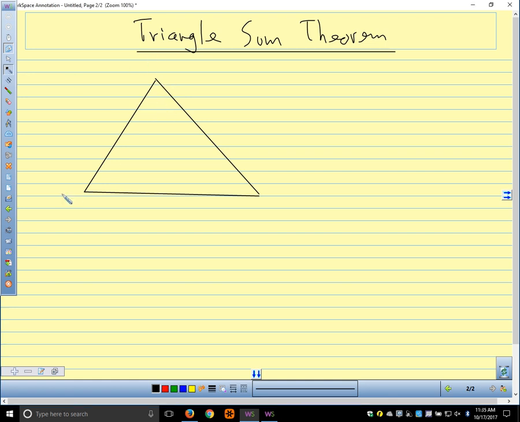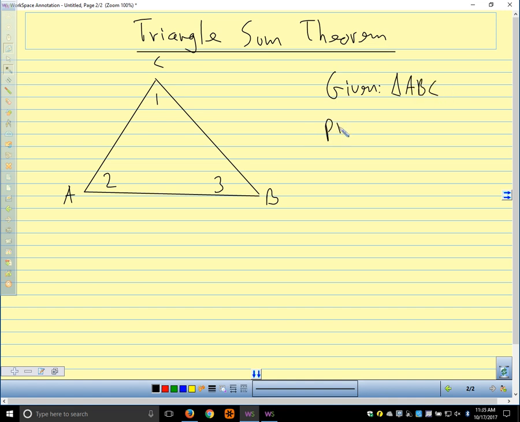And I'm going to call it triangle ABC. And I'm going to label the angles 1, 2, and 3. All right, so we're going to be given triangle ABC. We want to prove that the measure of angle 1 plus the measure of angle 2 plus the measure of angle 3 is 180.